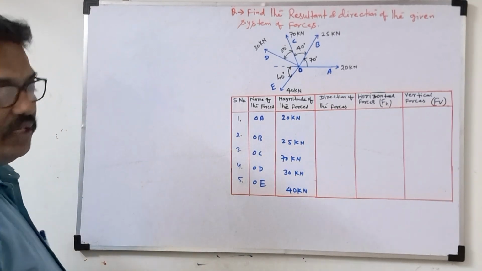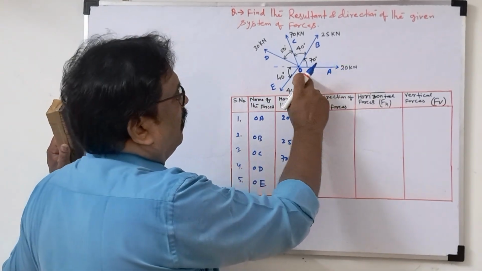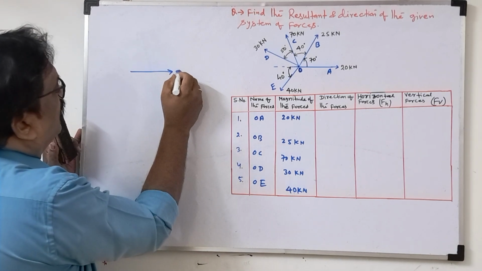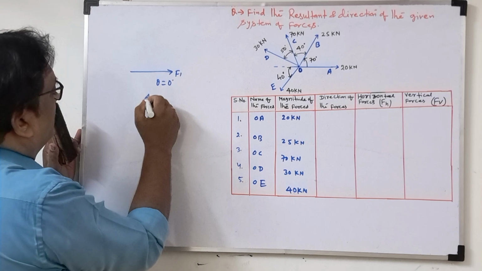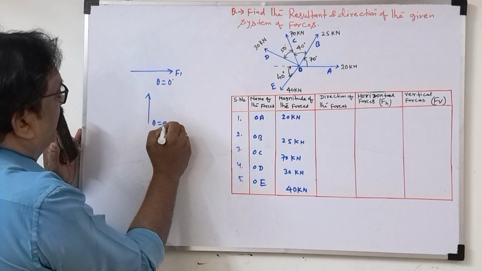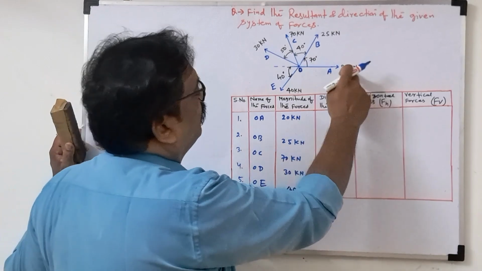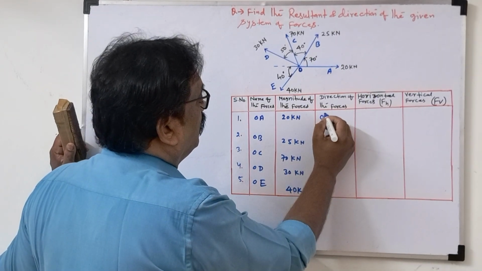Now the direction of the force. Direction means angle: for a particular force, which angle it has. OA is a horizontal force. As you already know, if a force is horizontal, theta is equal to 0 degrees; if it is vertical, theta is 90 degrees. That we discussed already. So here the angle is not given, but I know a horizontal force is 0 degrees.